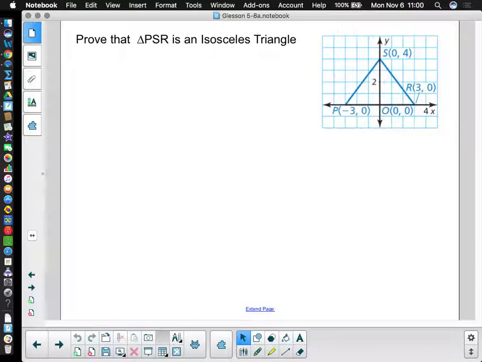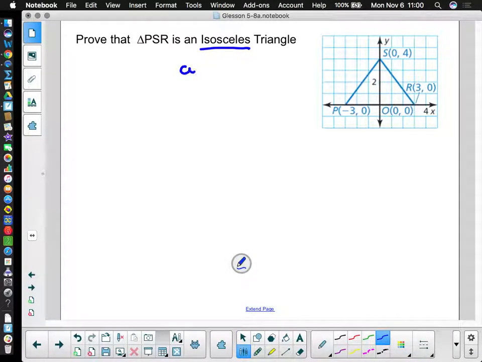Here I want to prove that something's an isosceles triangle. So how do I prove that something's isosceles? We've got to know what isosceles means. Isosceles means that we have at least two congruent sides. So I need to prove that at least two sides are congruent in this triangle. Now, how am I going to show that things are congruent using distance, midpoint, or slope formula?